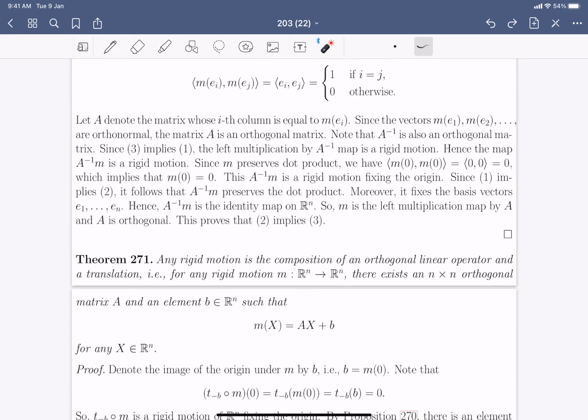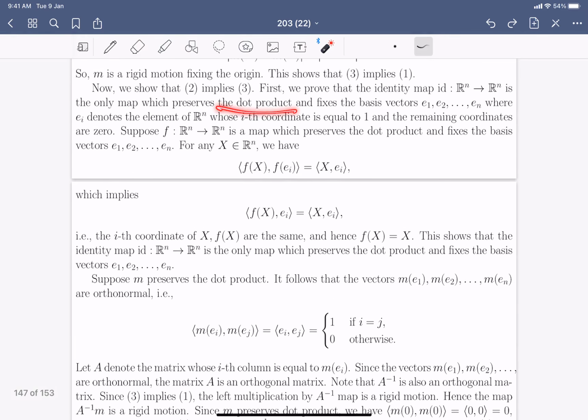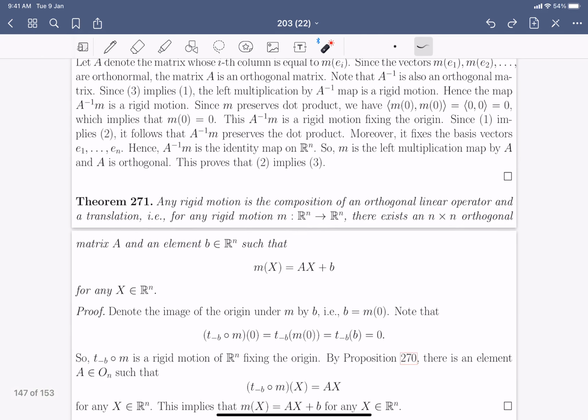Also observe that by the very construction of the matrix A, the rigid motion A inverse M preserves all the basis vectors e1, e2 up to en. Earlier we observed that any map from Rn to Rn satisfying these two criteria has to be the identity map. So it follows that A inverse M is the identity map on Rn.